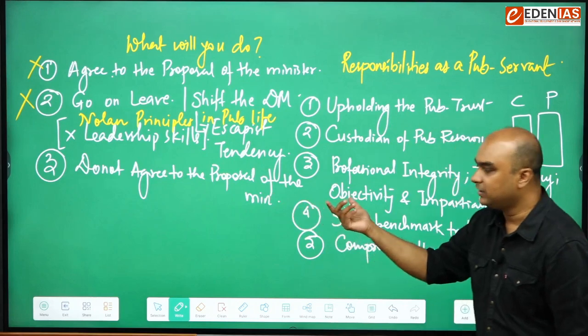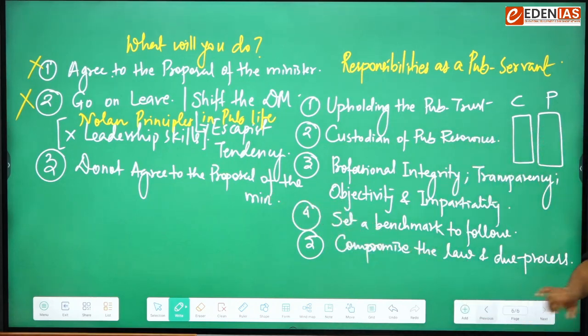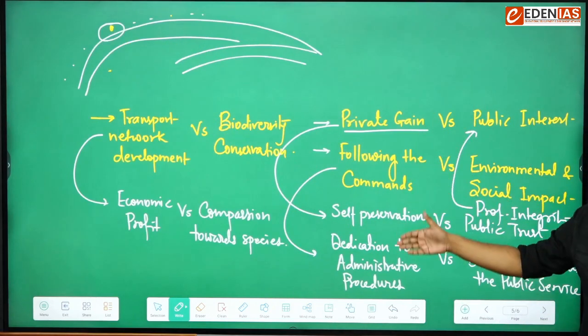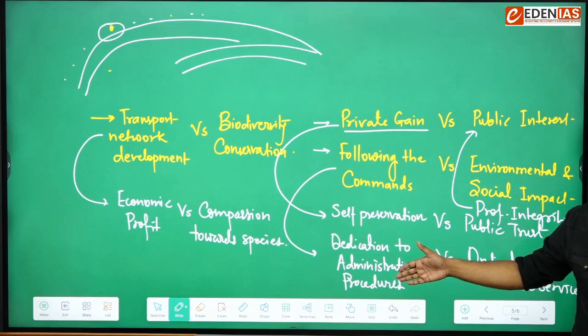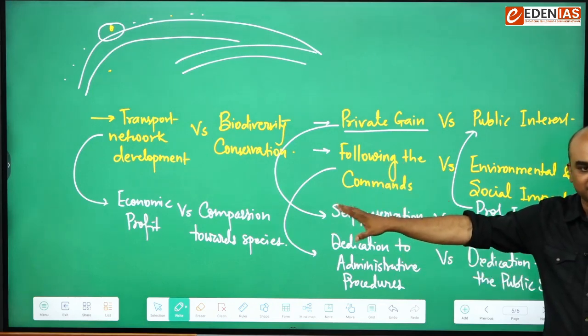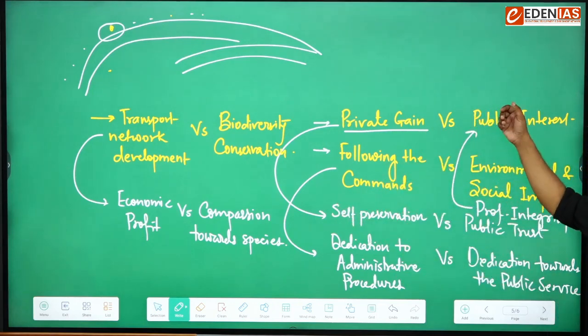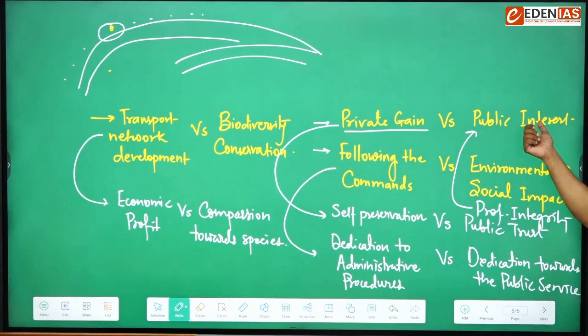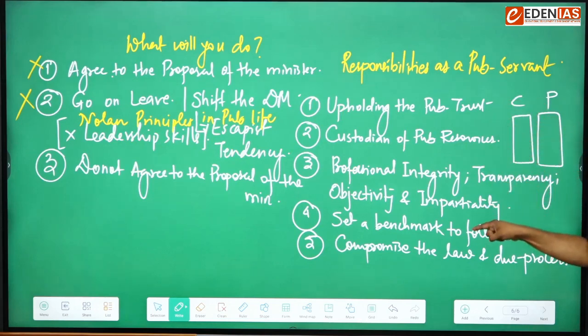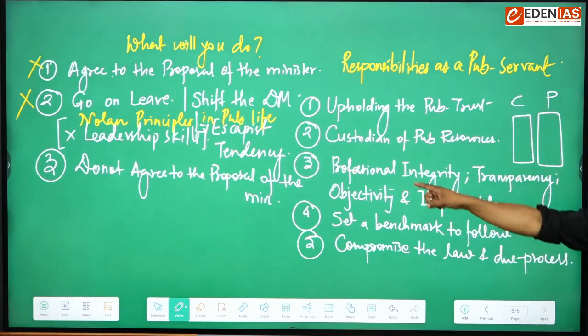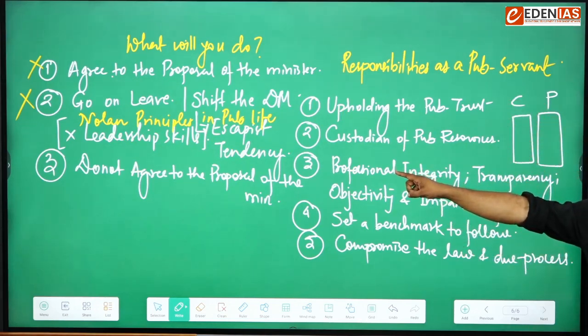Obviously, you show the advantages of doing it. When you do not agree to the proposal of the minister, you uphold public trust. You also ensure that environmental and social impact is done, professional integrity, public trust, dedication towards the public service, everything. Plus, all these responsibilities are also fulfilled when you do not agree to the proposal of the minister.